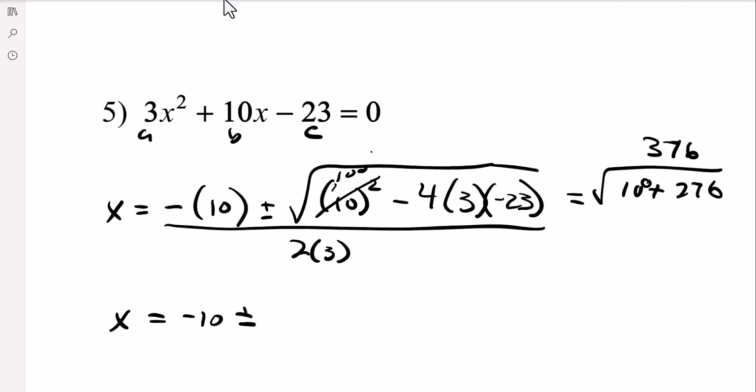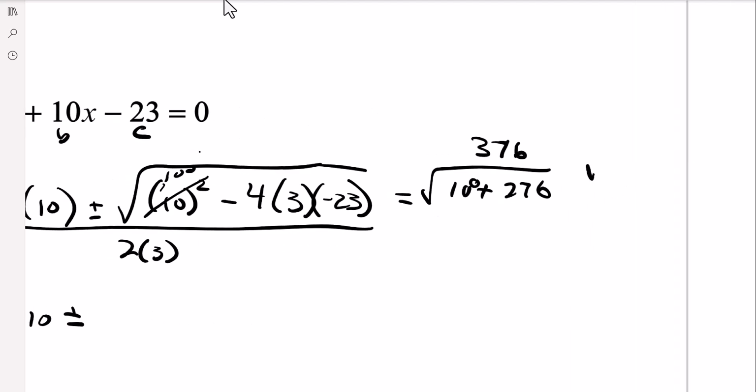So take the square root of 376. Yeah, so let's try that again. Okay, so the square root of 376.